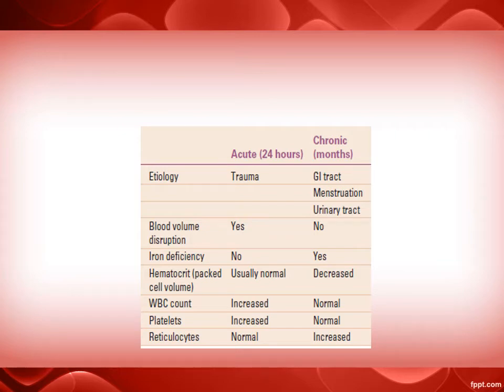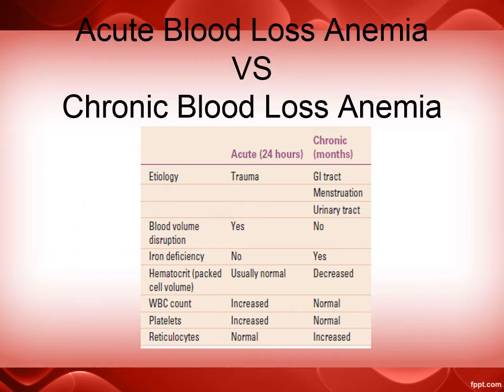So please take note of the differences between acute blood loss anemia and chronic blood loss anemia. Acute blood loss anemia takes only 24 or 48 hours. The etiology is trauma, surgery, and accident. There is a blood volume disruption.